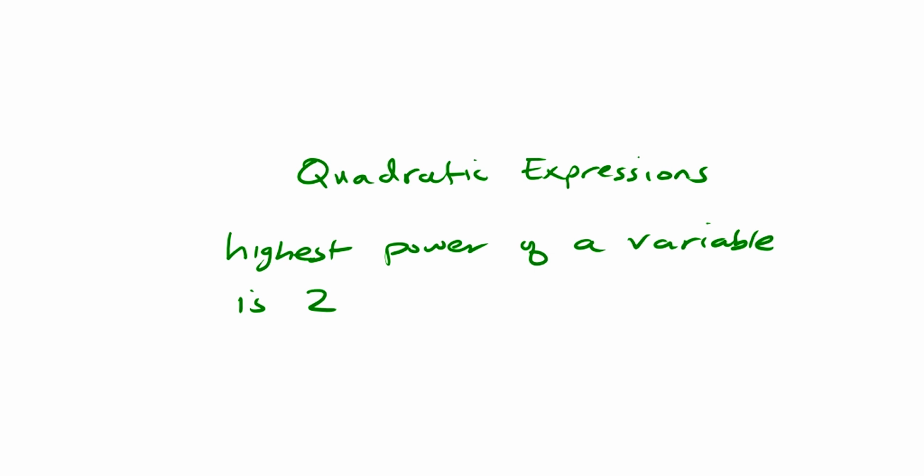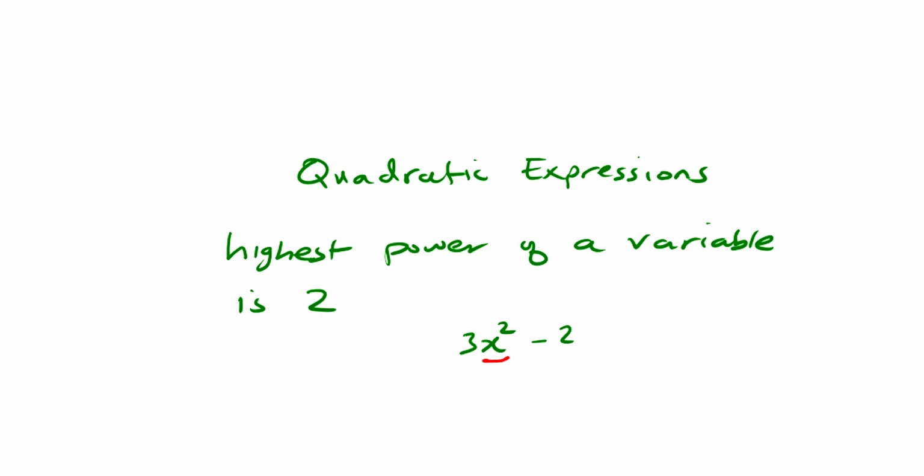Okay. For instance, if I give you a random expression like 3s squared minus 2, and then I tell you to try and solve this, it looks like a quadratic expression. Why? Because the highest power of the variable s is 2.